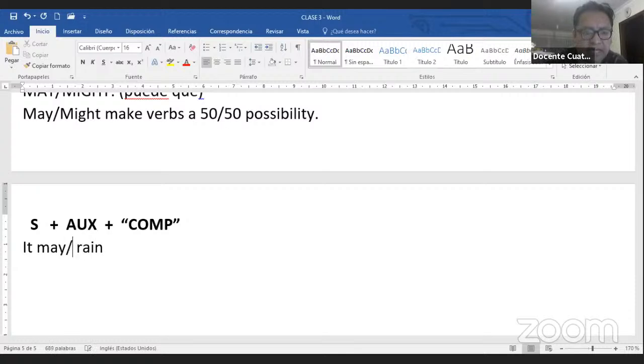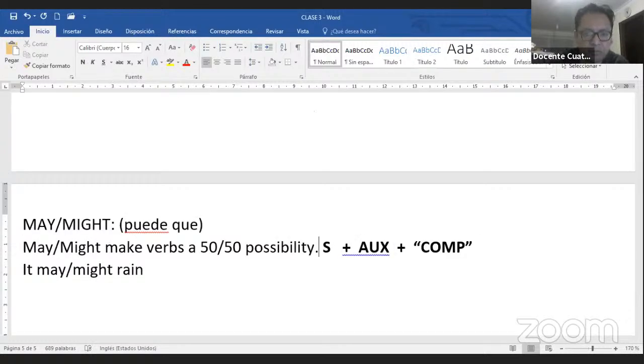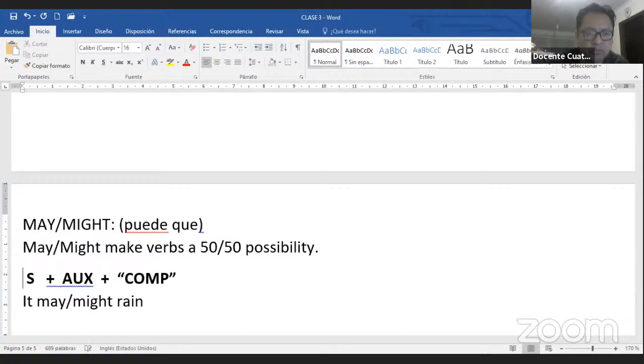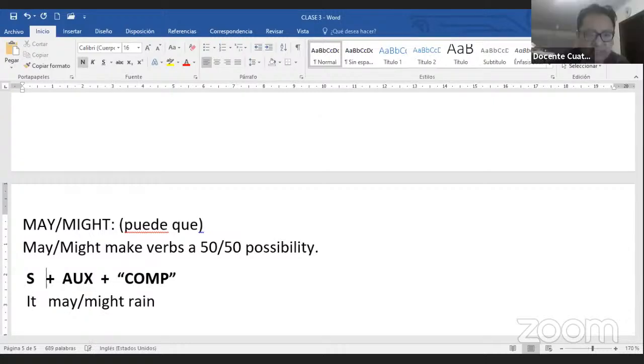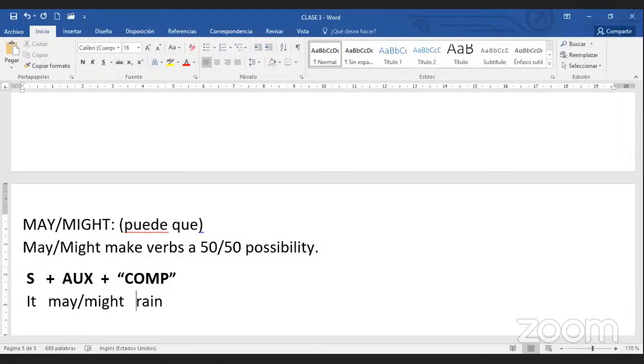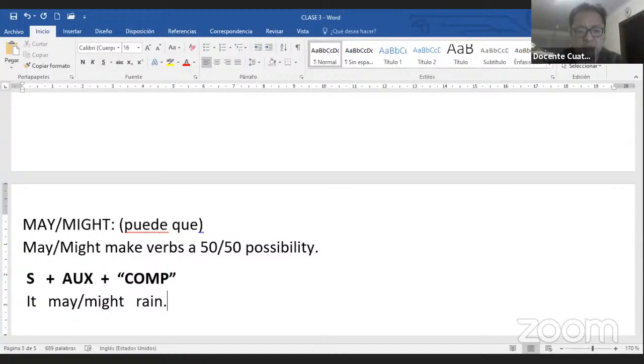Or if you like, it might rain. ¿Cualquiera de los dos funciona igual? Yes. In sentences. En oraciones, da lo mismo con los dos. It might rain. Puede que llueva. Okay. That's 50.